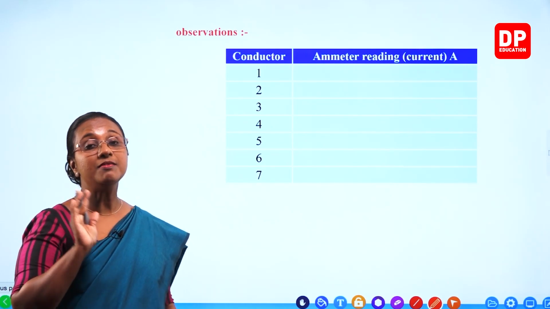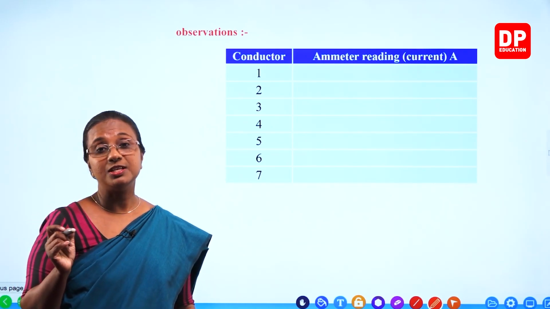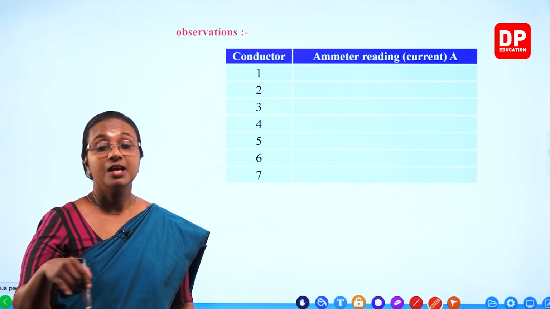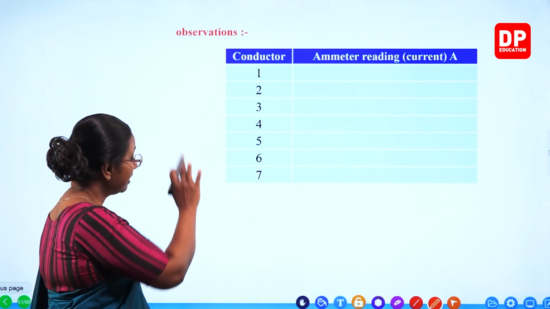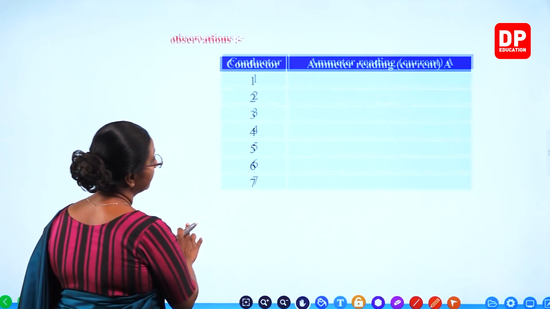And you can remember when I noted down the observation, I used ticks. More ticks, more brightness. So I will write down the observations here first.